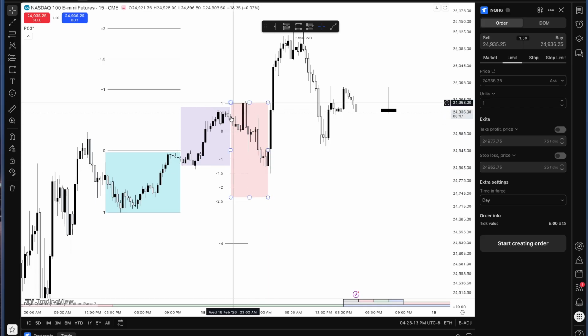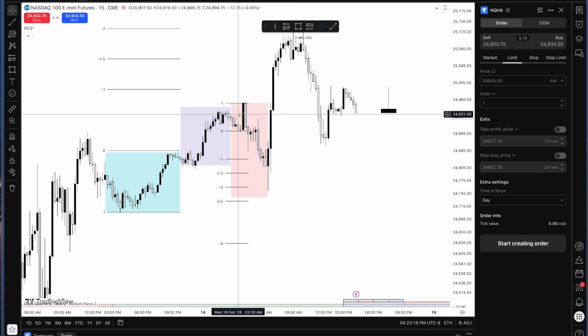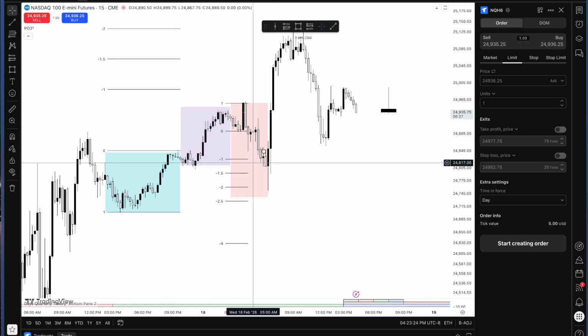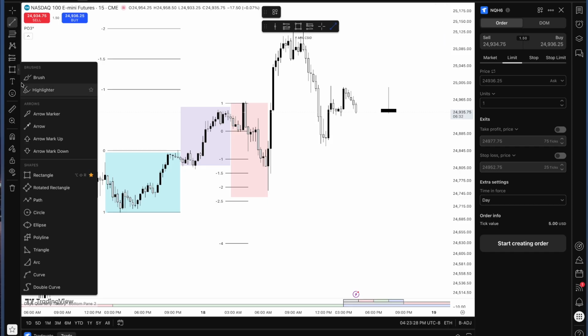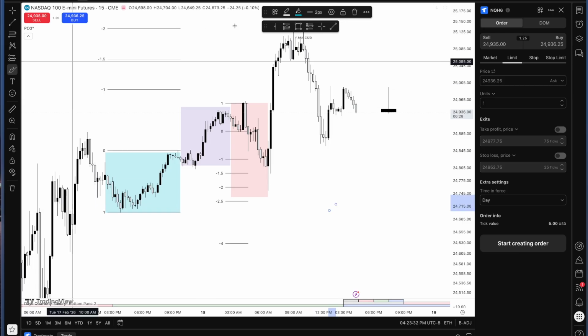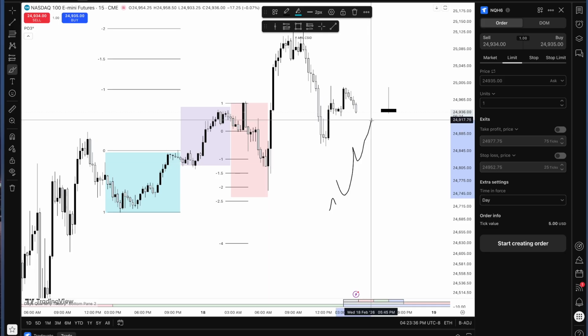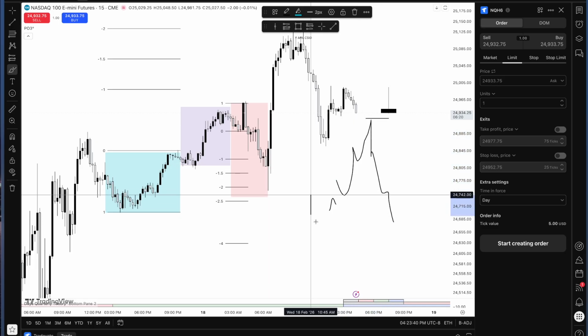This leg itself could have been the distribution if we didn't have this, and we could have maybe looked for longs for a buy side model, but this can also serve as a manipulation. Just a quick reminder, a sell side model looks like this: we have the buy side, a reversal into sell side, and back to consolidation lows.